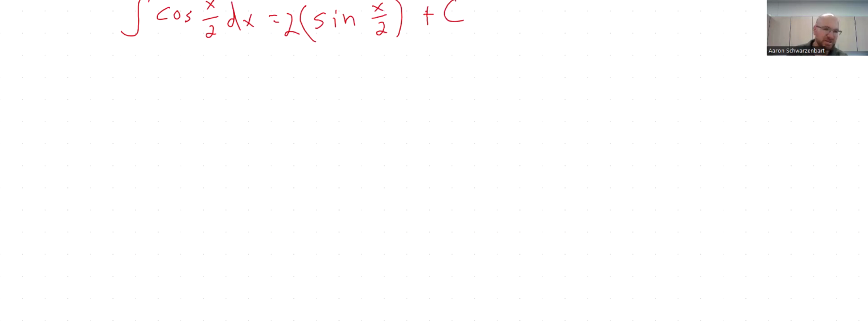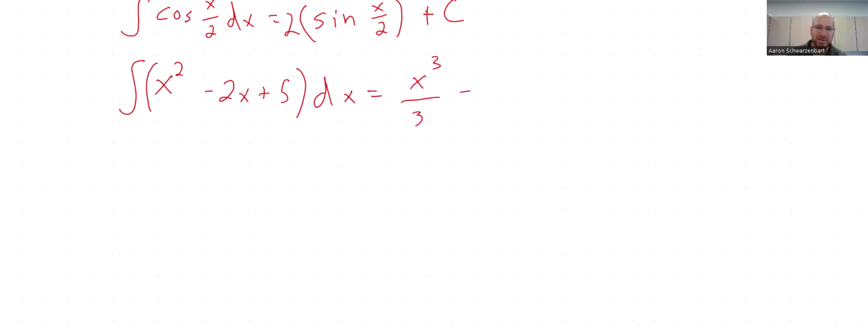And final one. X squared, I raise the power by 1 and divide by that new power. Negative 2x, I raise the power by 1, divide by 2, so those will end up canceling.